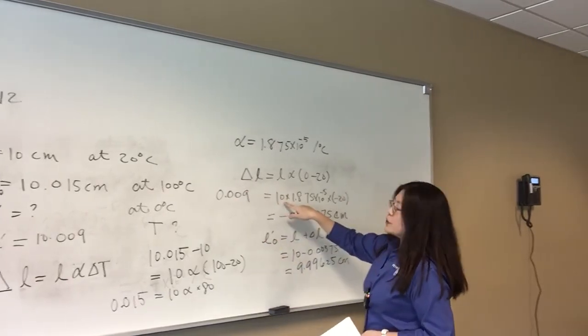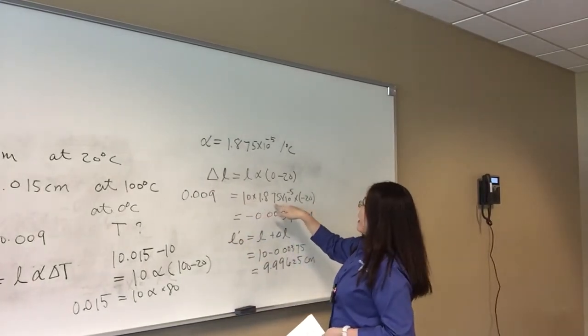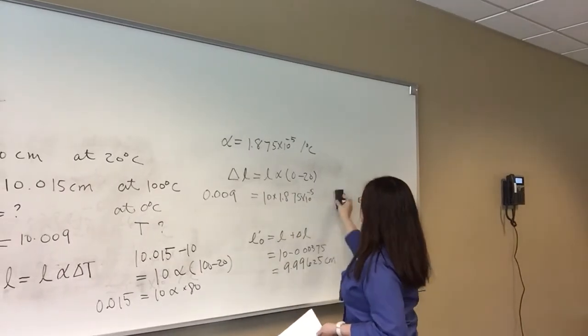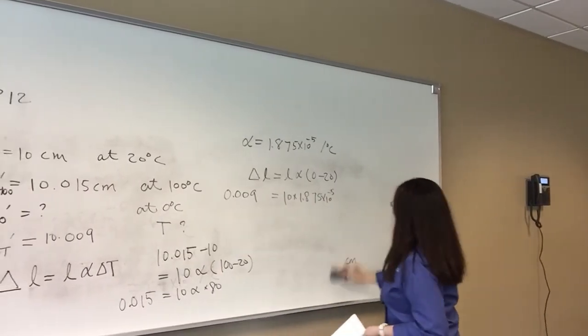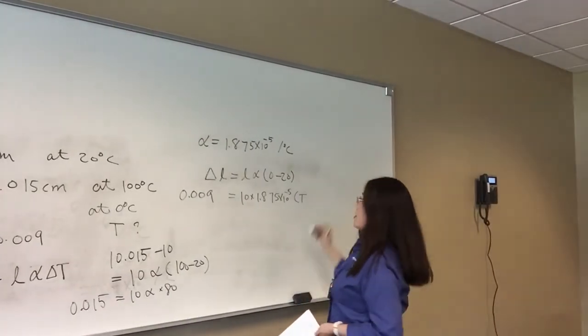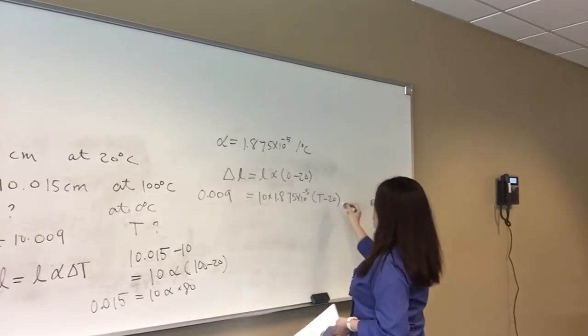On the right-hand side, you still have your 10 and your alpha, but the temperature now will be the final temperature, which we don't know, minus the initial temperature 20.